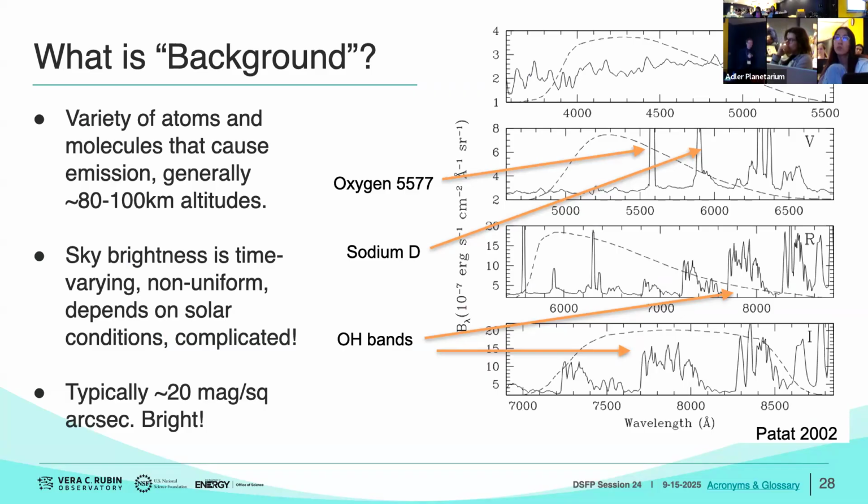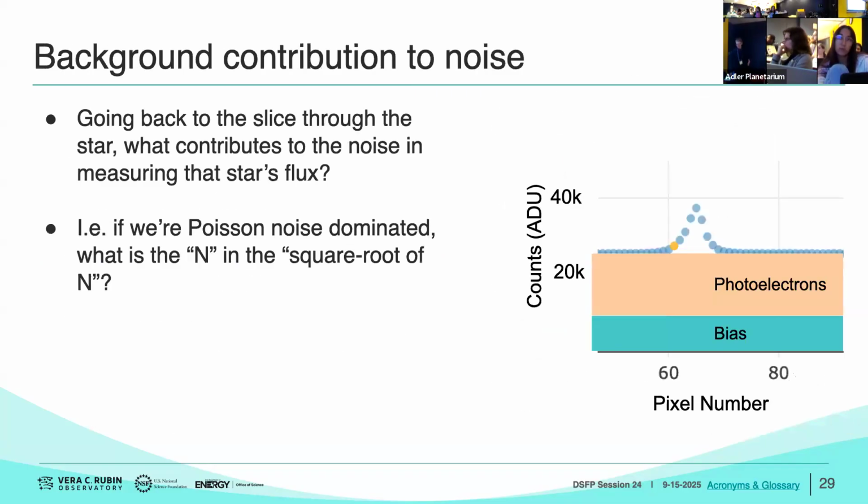So it matters for two reasons. One is that we need to subtract it. That's going to be a challenge, but let's set that aside for a moment. The other is that this is what contributes to the noise in the stars we're measuring. We have Poisson noise, we're counting electrons. The noise in my measurement of the electrons in this pixel is the square root of n. What is n?